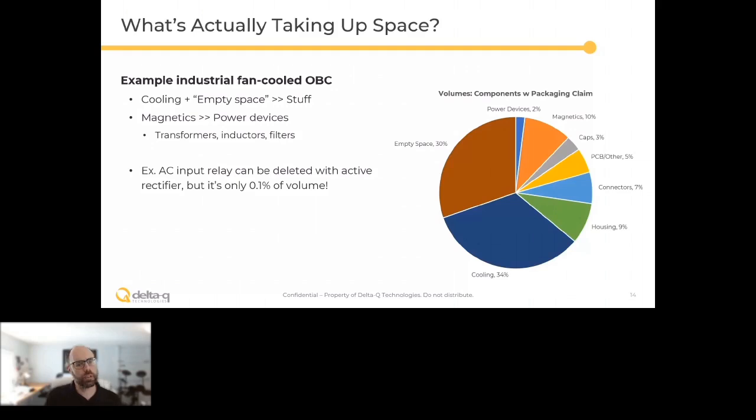I've got an example here from a design that we recently analyzed with our team. We've been looking at higher charger power density for our future products. So we started with some known designs and analyzed them in terms of where's the volume actually going.